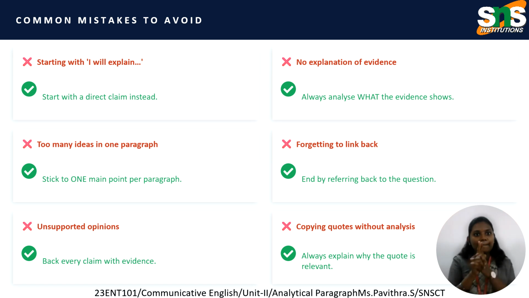Stick to one main point. Forgetting to link back by referring to the question. Making unsupported opinions. Back every claim with evidence. Copying quotes without analysis. Always explain why the quote matters. If you avoid these 6 traps, your writing instantly becomes sharp.